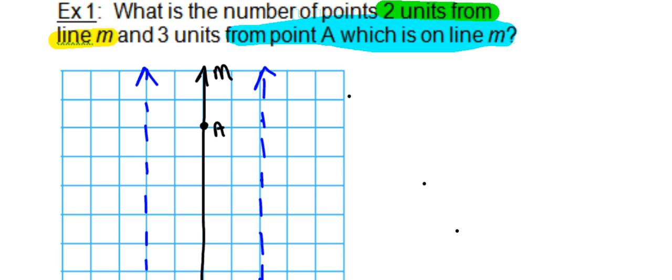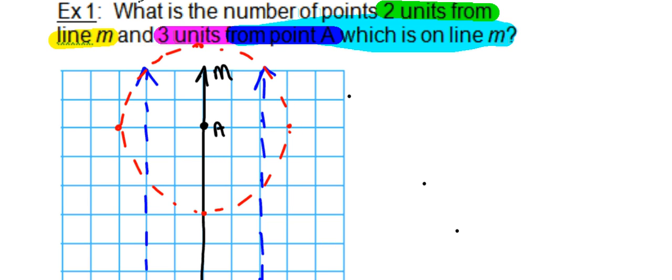And the condition that we need to satisfy for this second locus is that I need the set of points that are going to be 3 units away from point A. So I'm going to go find the group of points that are 3 units away from this point A. And that's going to be a circle around point A with a radius of 3.